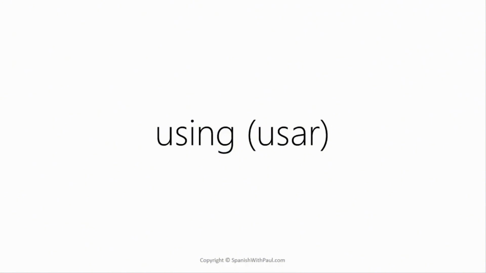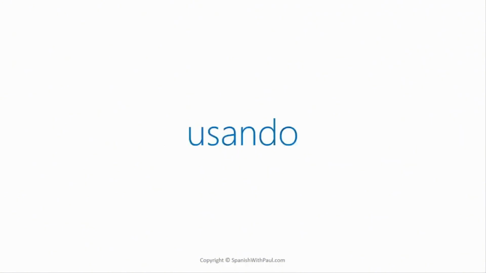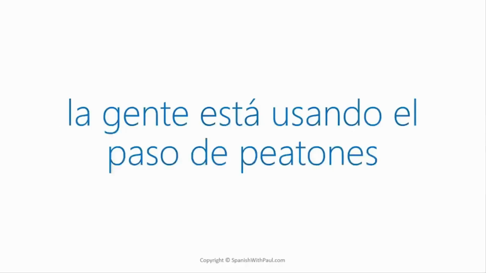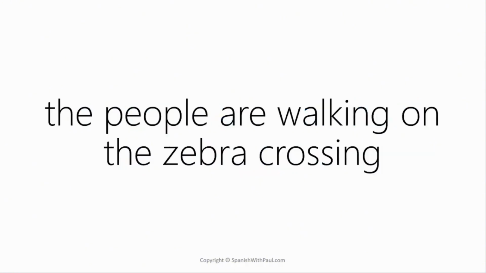And using? Usando. How would you say the people are using the zebra crossing? La gente está usando el paso de peatones. The people are walking on the zebra crossing.